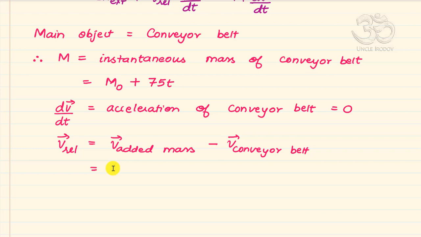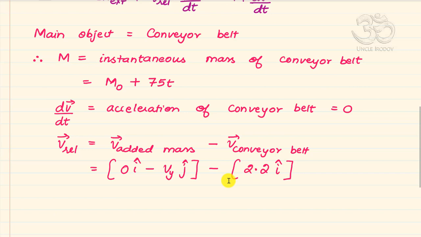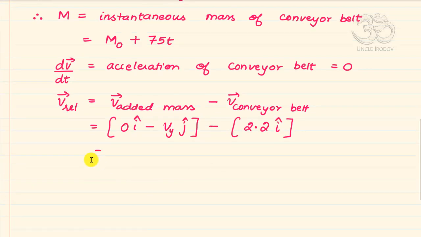So this term is going to be 0 i cap minus Vy j cap, minus what is the velocity of the conveyor belt itself? The velocity of conveyor belt itself is 2.2 i cap. So all in vector notations. So my VREL will be minus 2.2 i cap minus Vy j cap.